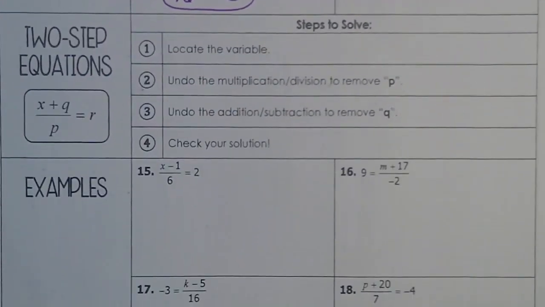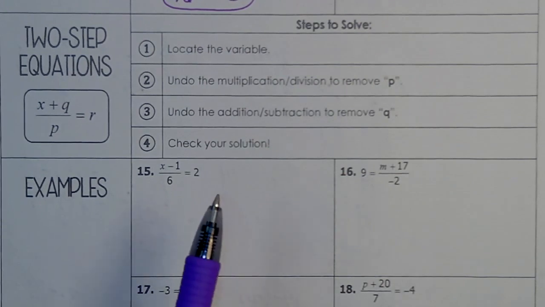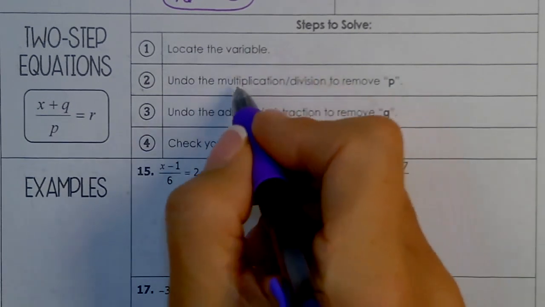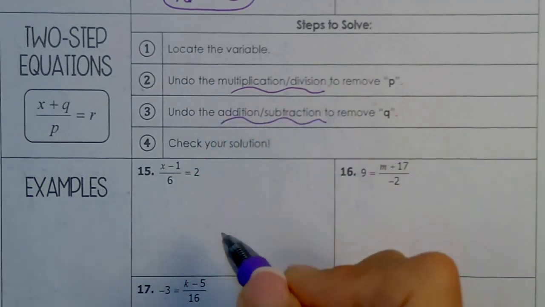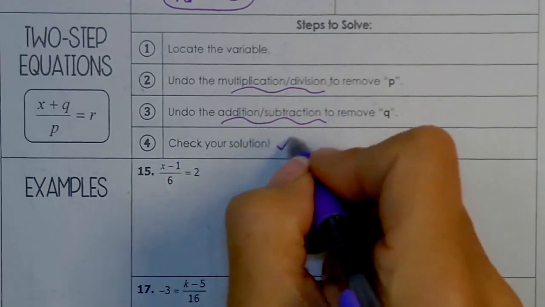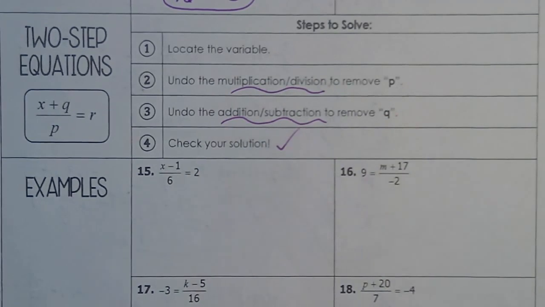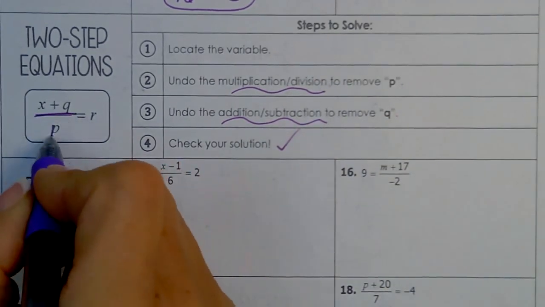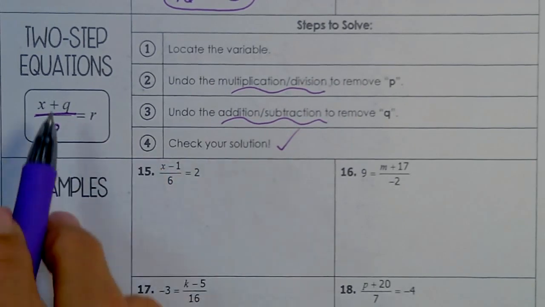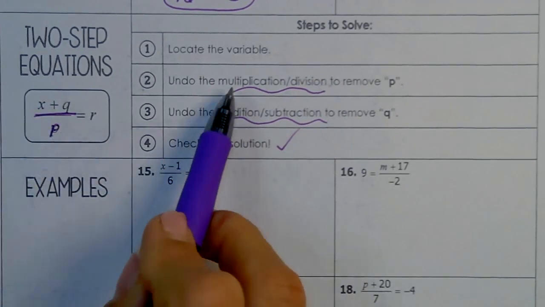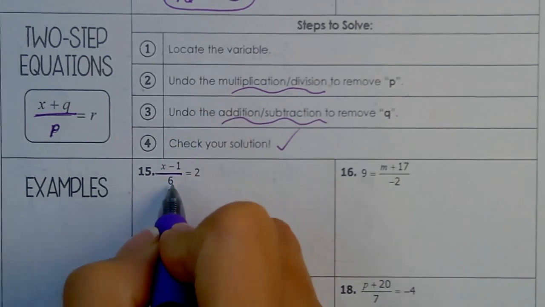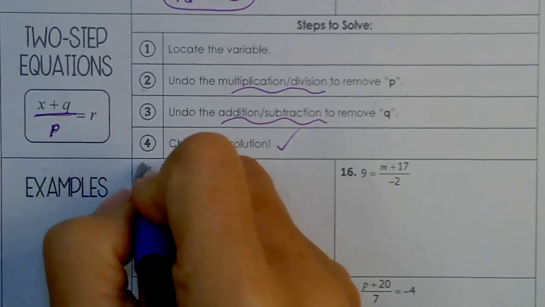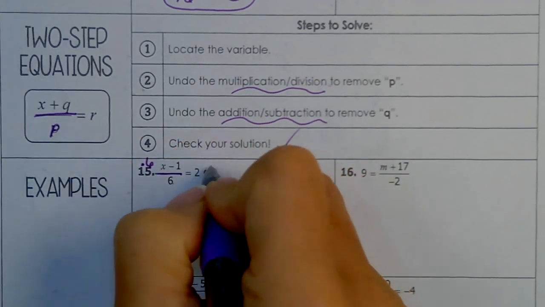Two-step equations. For this, you're going to locate the variable, undo the multiplication and division, then undo addition and subtraction, and still check your answer by substituting. This equation is set up a little bit differently. When you recognize this, you're going to undo multiply and divide first. This is divided by 6, so I need to multiply both sides by 6.